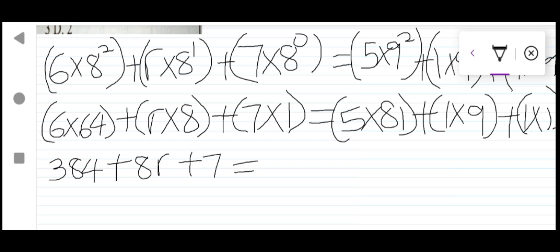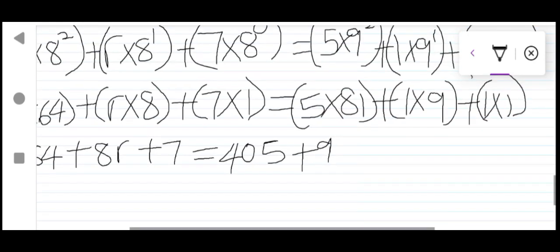To the right side, 5 multiplied by 81 gives 405. 1 multiplied by 9 gives 9, and 1 multiplied by 1 gives 1.